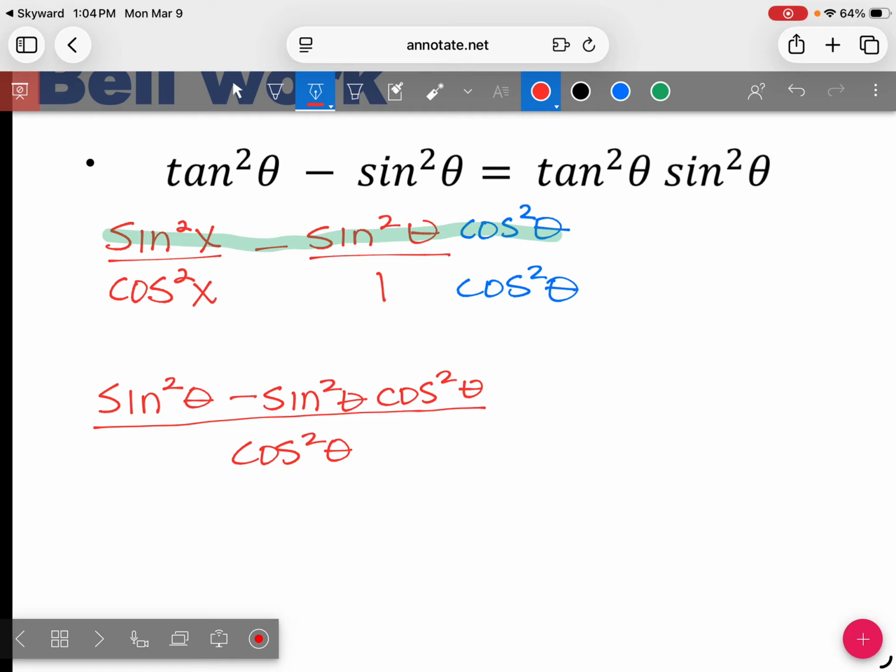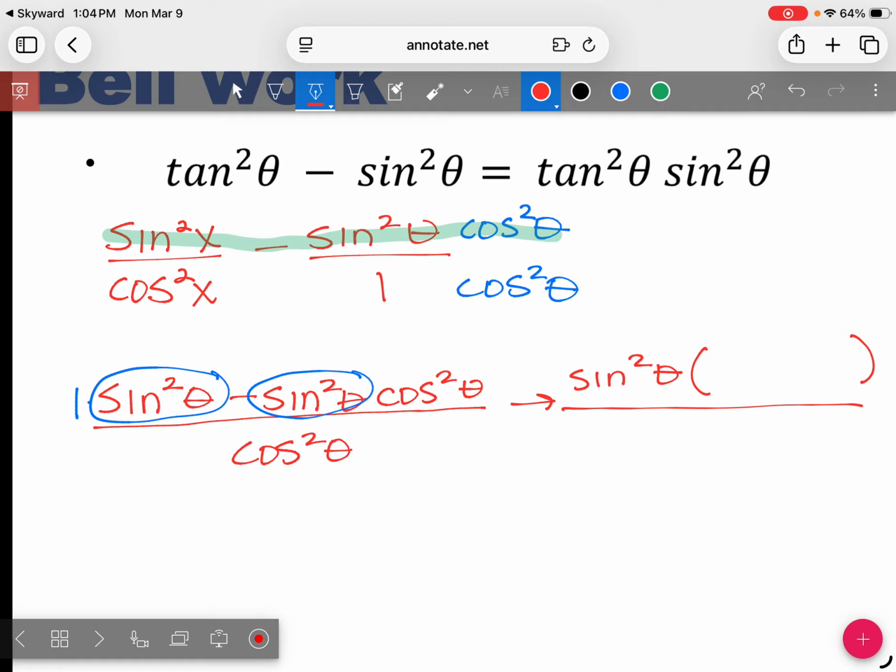All right. Now we're going to look for a GCF. I don't know if you noticed, there's a 1 right here. It's invisible. But both of these terms have a sine squared. So I can actually take out the sine squared. And when I take out the sine squared, that's on the outside now.